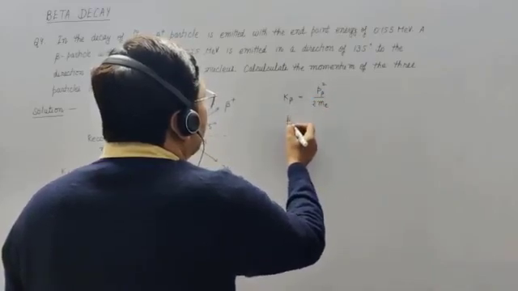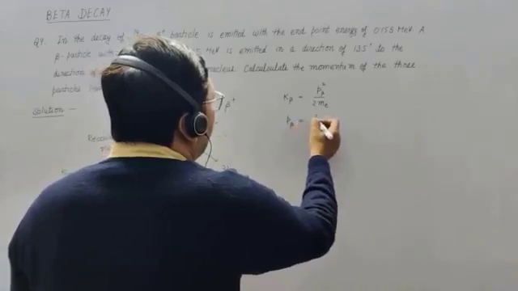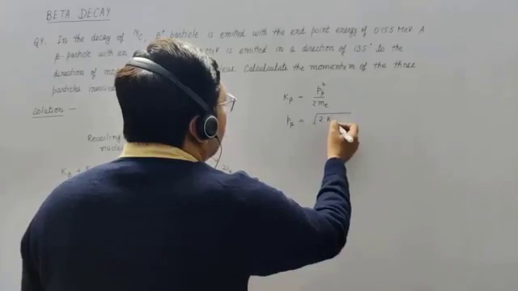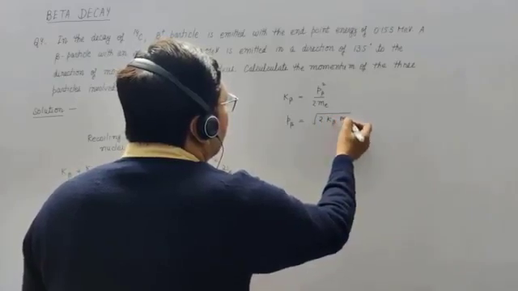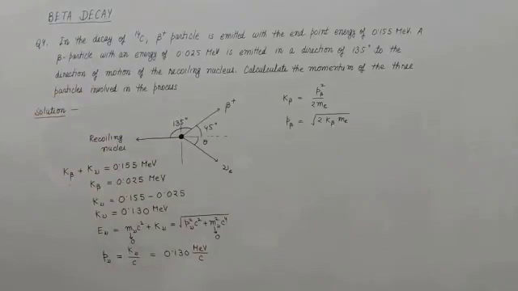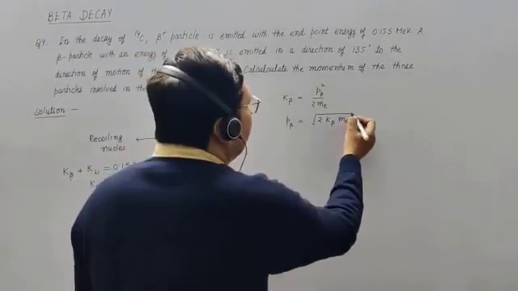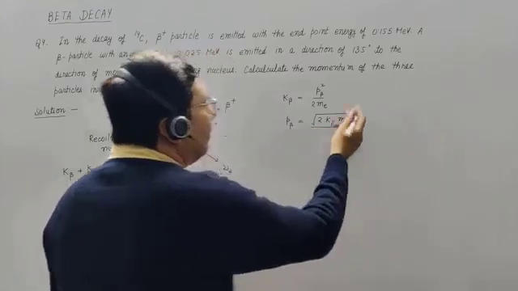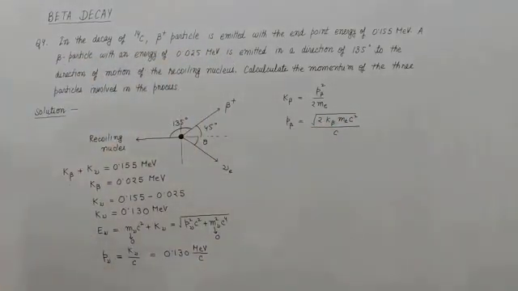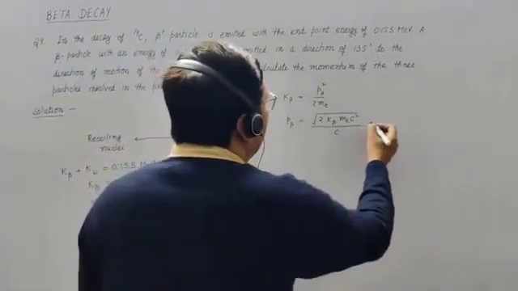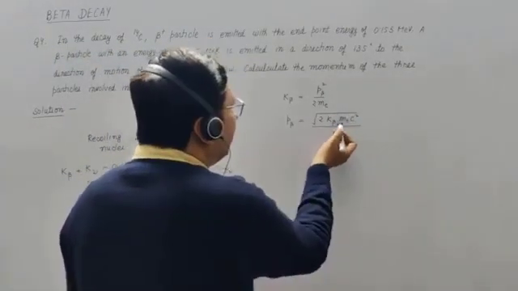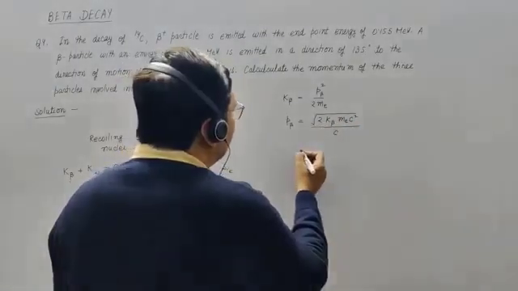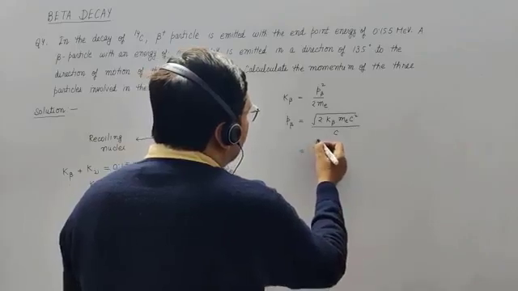So P beta will be equal to the square root of 2 times K beta times Me. If I multiply Me by C squared, automatically I will have C here, so I multiply the denominator and numerator by C. This MEC squared is 0.51 MeV.